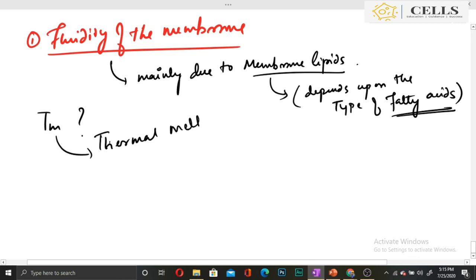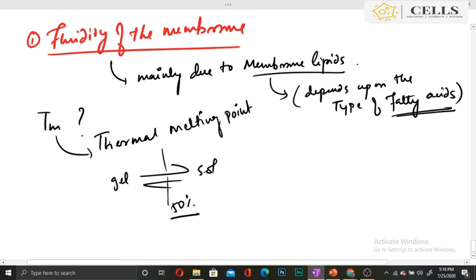Thermal melting point is the temperature at which the membrane lipids are 50% in gel form and 50% in sol form. Sol means totally in liquid phase, gel means totally in a gel-like phase.